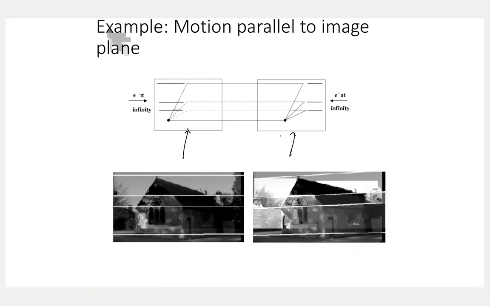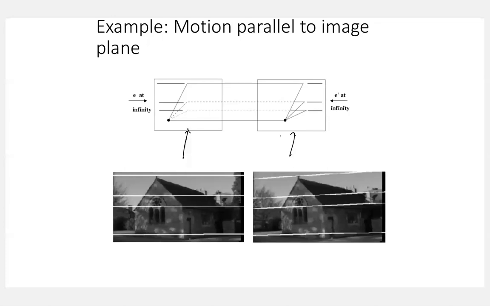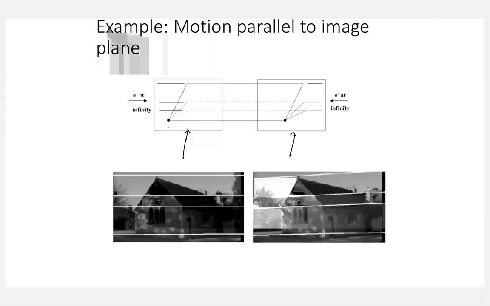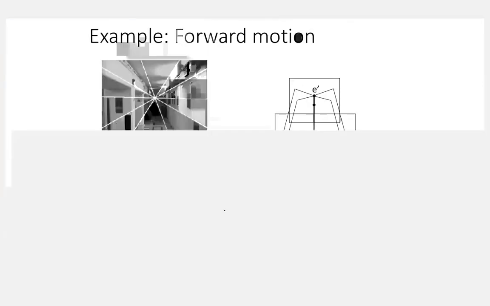In that case, of course, you have the camera centers. If you draw a line, it won't fall on the projection plane. Therefore, you cannot see the epipole there, and basically all the epipolar lines will be parallel. So you see the epipolar lines are parallel.